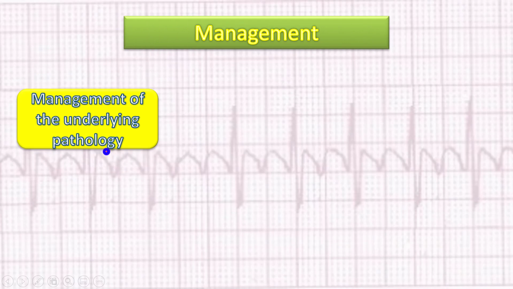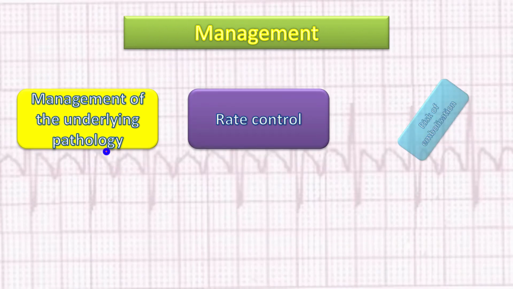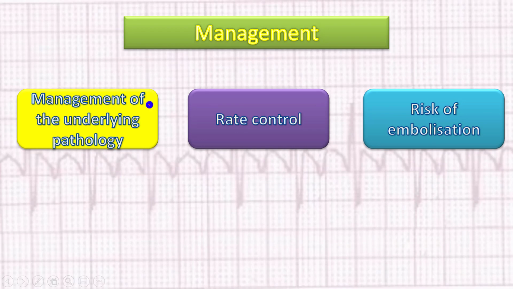Regarding the management of atrial flutter, as we said, it shares the same management as atrial fibrillation. The first part of your management is to manage the underlying pathology, to make it easy for rate control and for reversion of the rhythm back to the sinus rhythm.